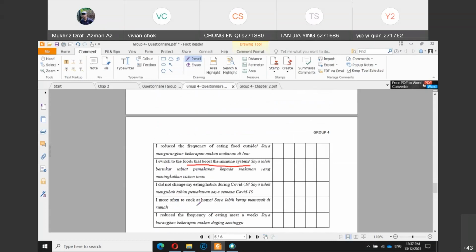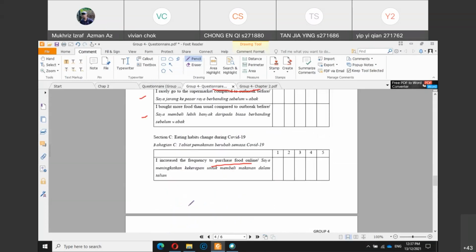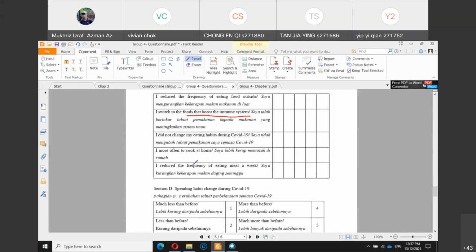I often cook at home. Even your title is quite confusing: Eating habits change during COVID-19. Where is the sentence about eating habit change? This is broken English. Is the original in Malay or in English?